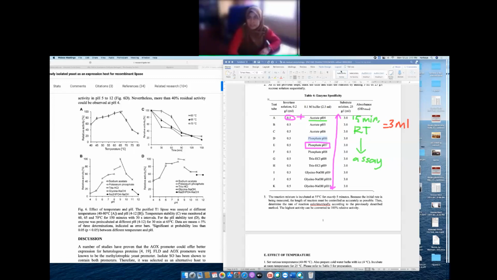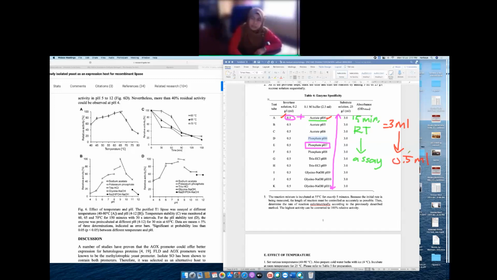So what happened next? From this 3 ml, maybe you will take 0.5 ml. So this 0.5 ml is basically a mixture of your enzyme with the acetate buffer. So your enzyme now becomes diluted because you have mixed these two. So you have this 3 ml, incubated 15 minutes at room temperature.